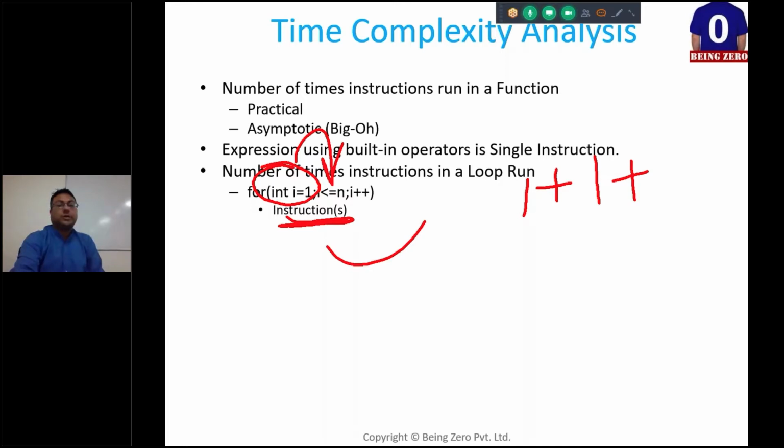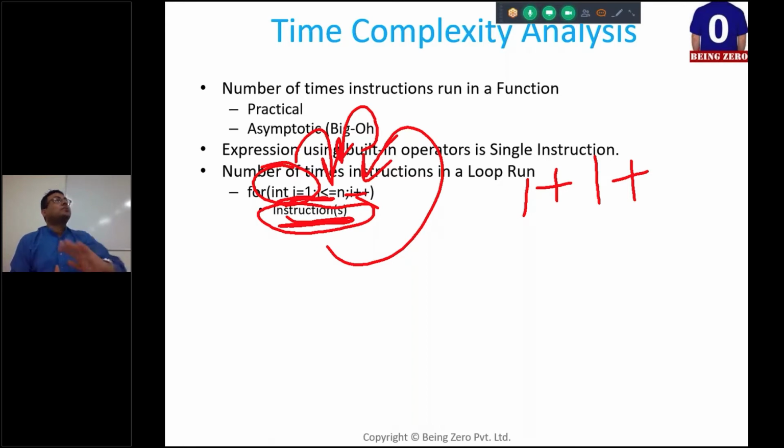This instruction is going to run n times. After it runs the first time, it will do i++, then again check the condition. So when we talk about loops, we will not worry about assignment and comparison. We will worry only about the instruction inside the loop and how many times it runs. This is to simplify the analysis that we are doing.